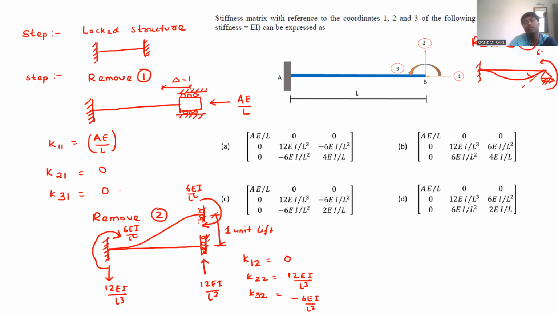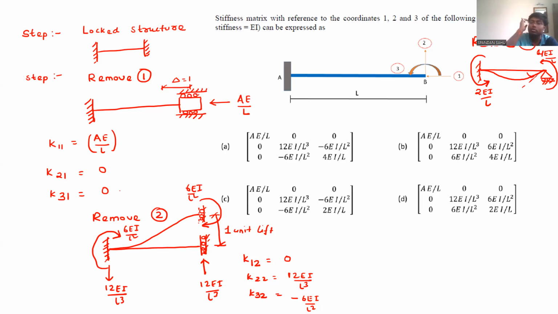So here it will be 4 EI upon L. How much carryover will it give? 2 EI upon L. This 4 EI and 2 EI upon L will give a net 6 EI upon L anti-clockwise movement.